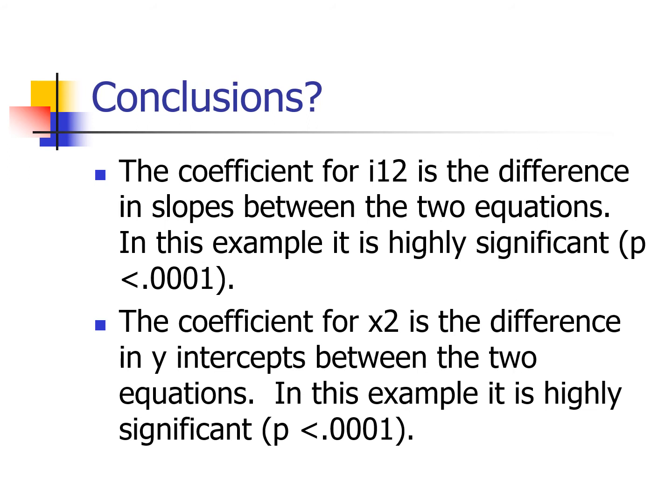So the coefficient for the interaction term is the difference in slopes. The coefficient for x2 is the difference in y-intercepts between the two equations. And in this example, it's highly significant, right? P-value less than 0.001. Also highly significant.